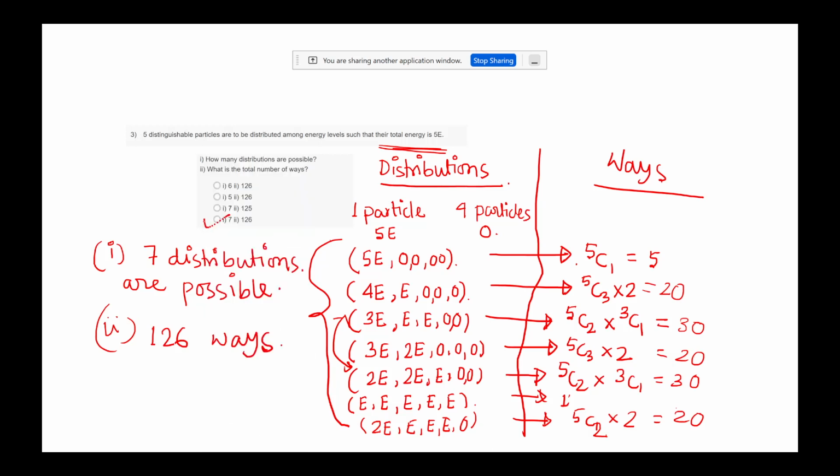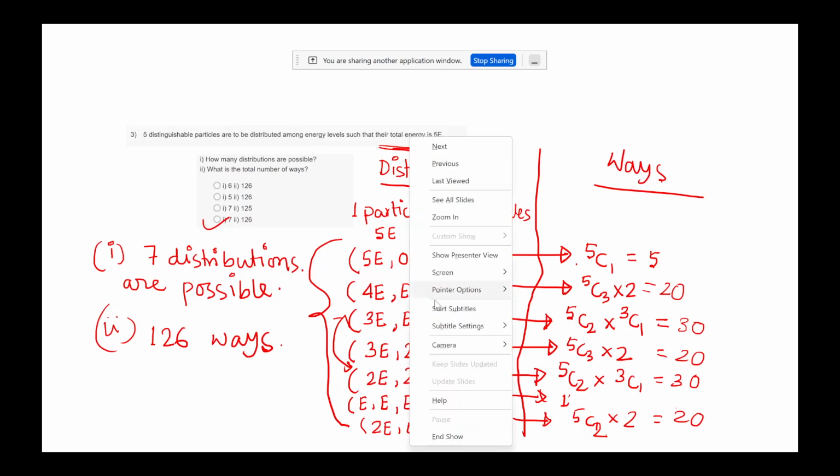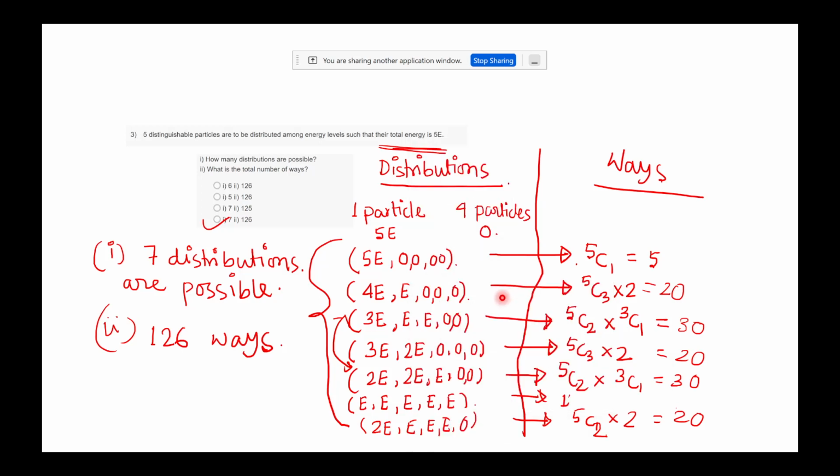Last one, can you say once again, please? This one. Okay. So if you see this distribution and this distribution, these are called similar or equivalent.